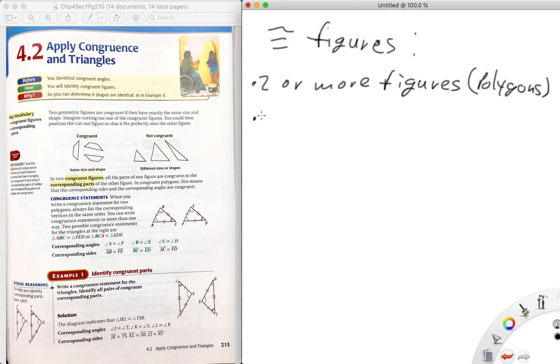Two or more figures in which all parts are congruent. That is congruent figures. And if we have congruent figures, they have corresponding parts.